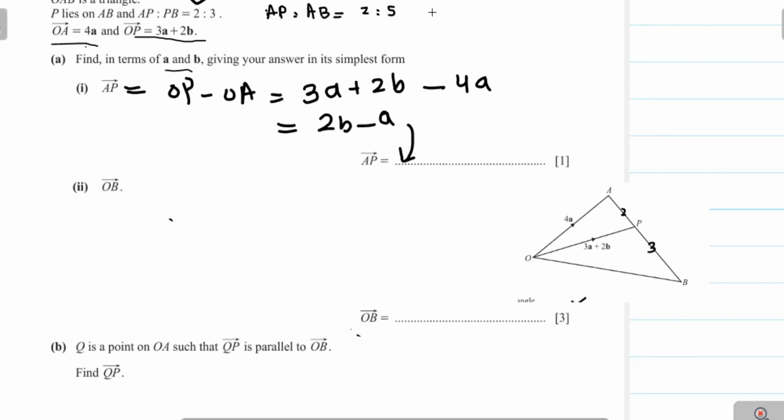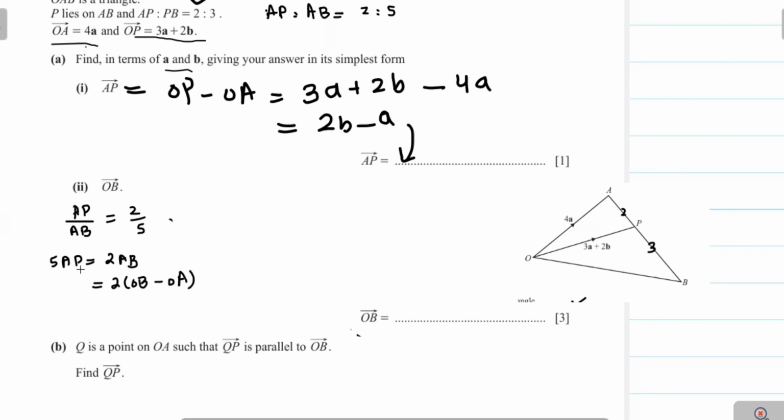Therefore, AP over AB is equal to 2 over 5, and we can write 5 AP equals 2 AB, which is equal to 2 times OB minus OA.